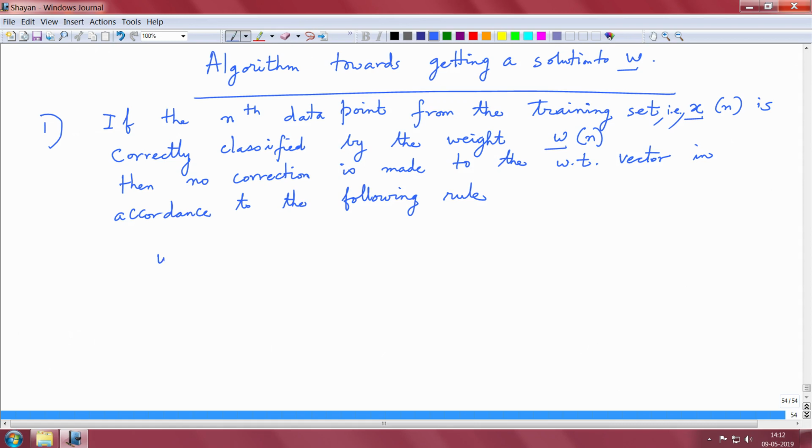So, I have W of n plus 1, this is Wn, that is, I do not touch this, because it is already right.